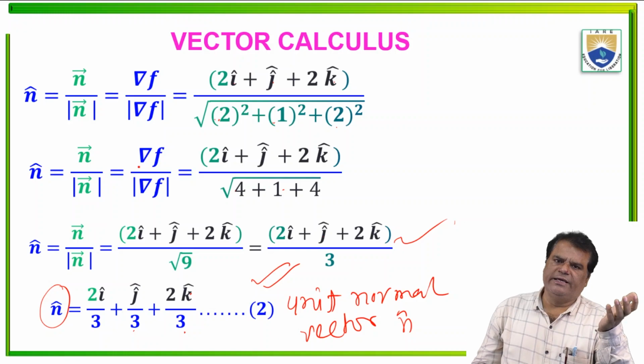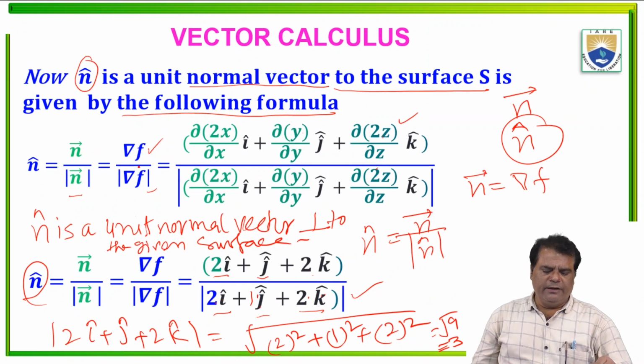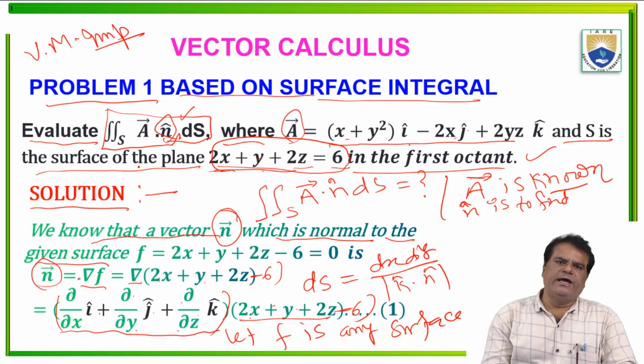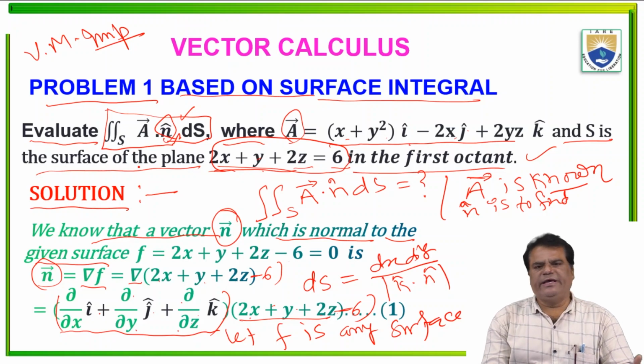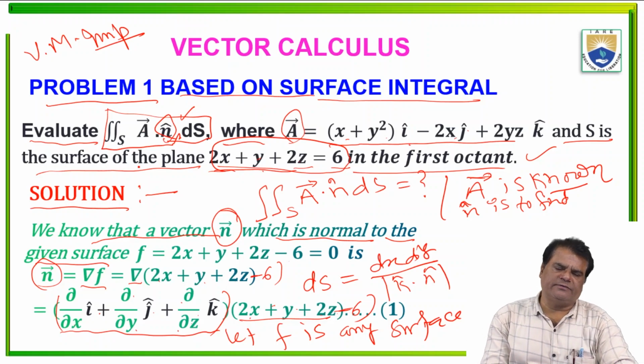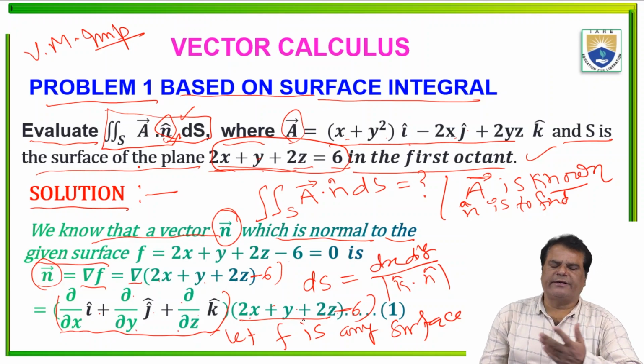The formula we have applied here is n vector equal to del f, that is grad f. F is a surface and grad f means the directional vector which is normal to the surface. We find this n vector.